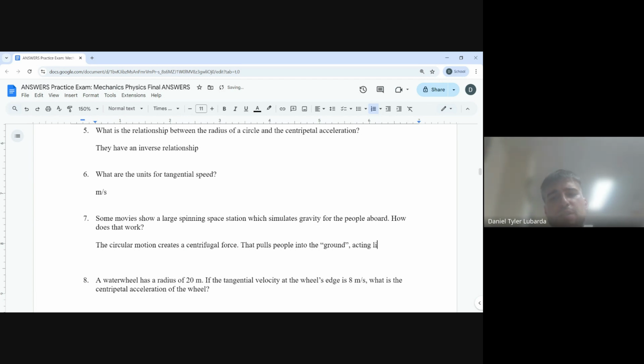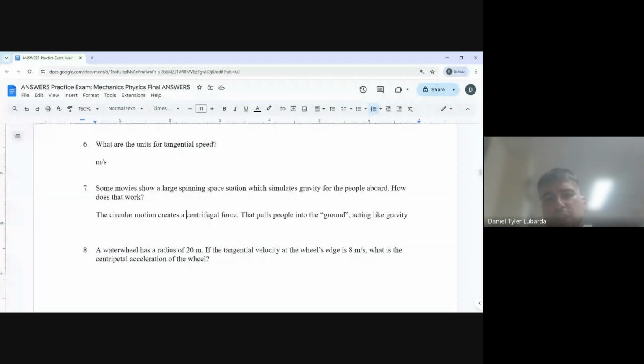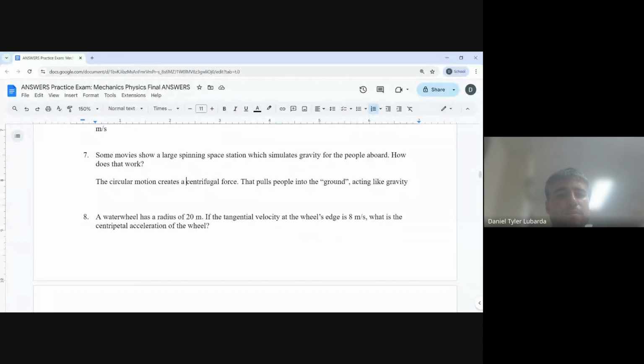And that acts like gravity. I'm sure you've seen this in either video games or a sci-fi movie where you have a big spinning spaceship that tries to make artificial gravity. It's due to the centrifugal force.